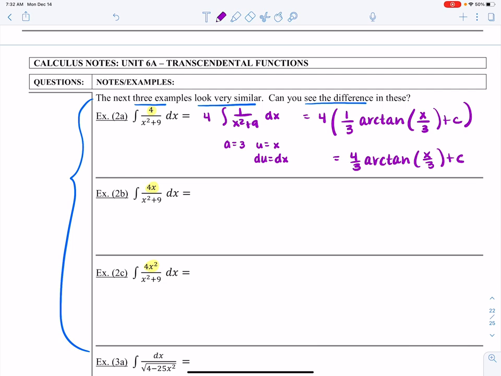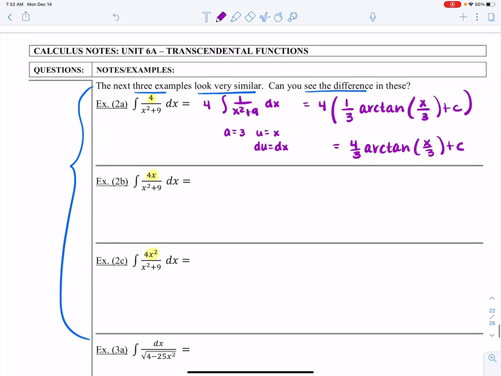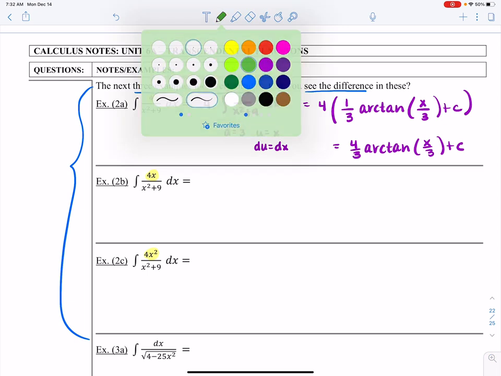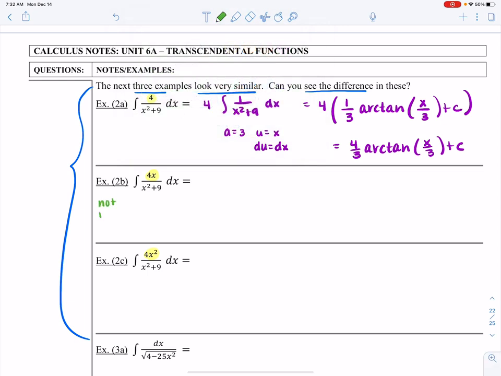So this first one was inverse trig, but the second one is not inverse trig. In fact, the second one is plain old u substitution, where u is x squared plus 9, and our du is 2x dx. Notice I don't have that 2. I have a 4 there, so let's multiply both sides by 2. So 2 du is going to be equal to 4x dx.